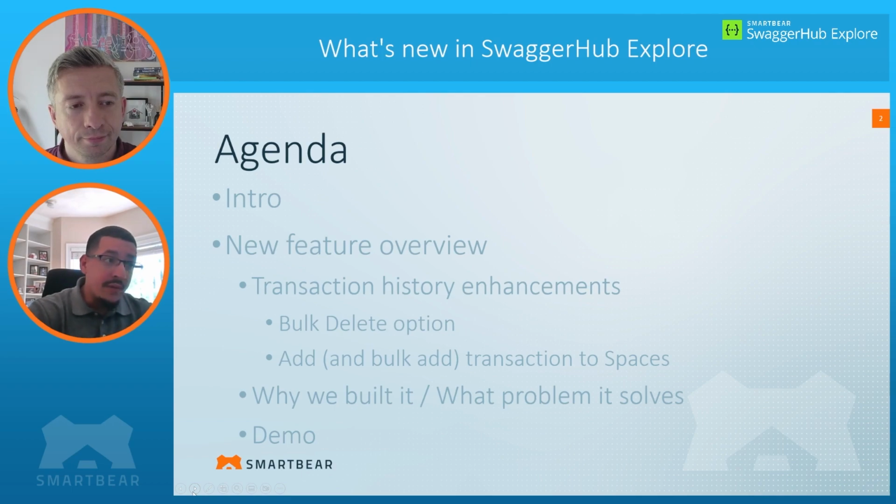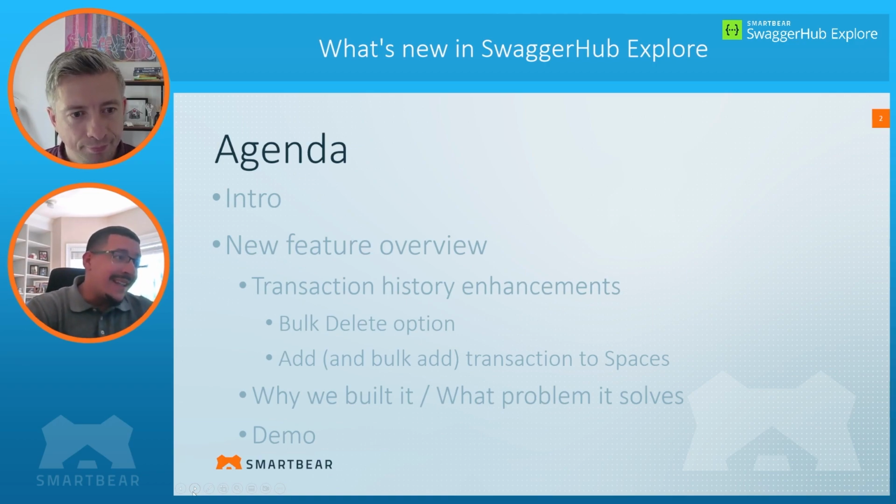The whole point of the transaction history is, go back to previous episodes to learn more, but at a very high level, you can easily find interactions that you have executed in the past in case you want to re-execute them, or maybe you found an error in production and you want to compare what the request inputs were back then when you tested it, and better understand the difference between what you sent before and why things are failing currently.